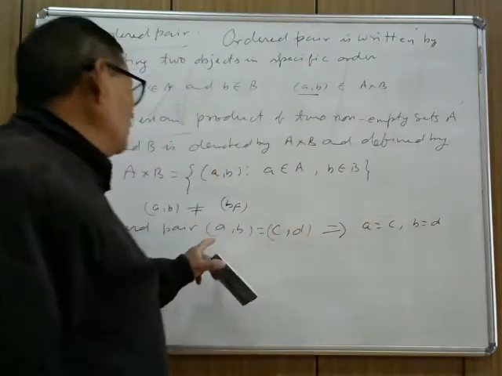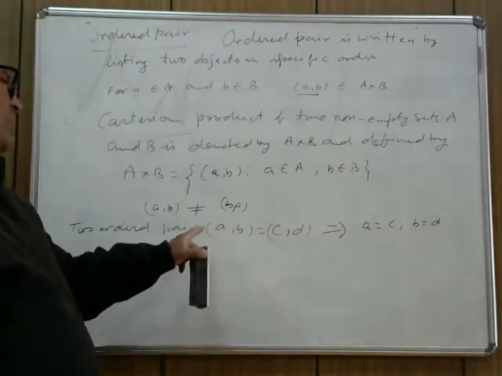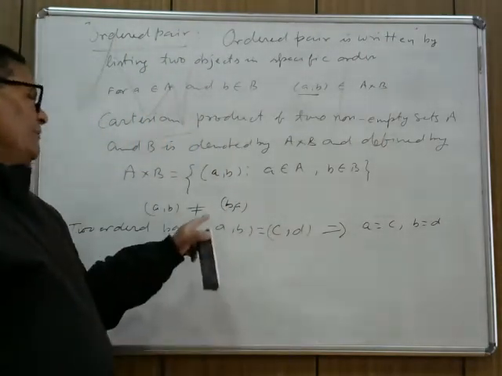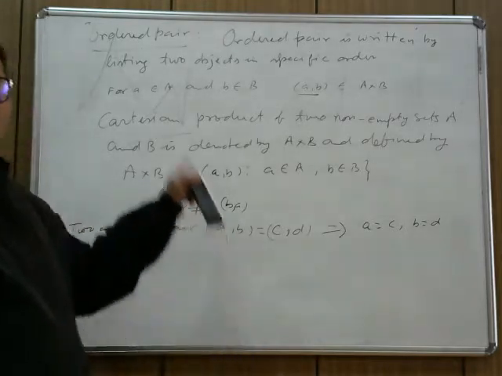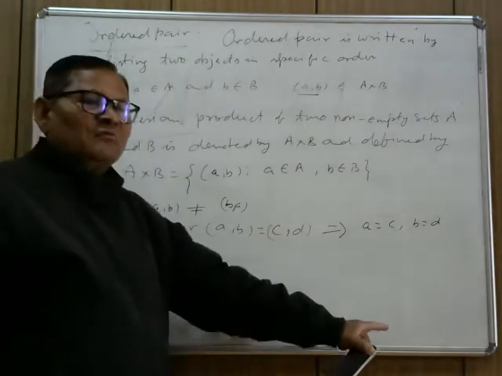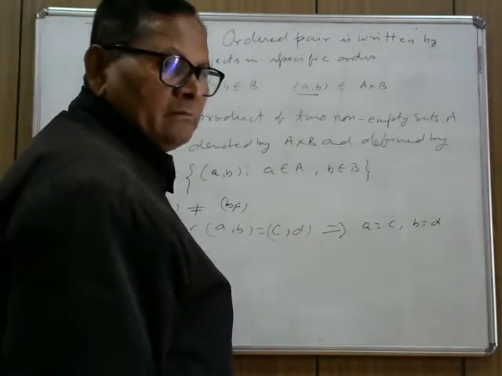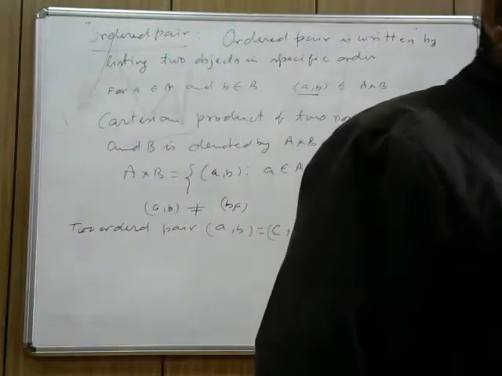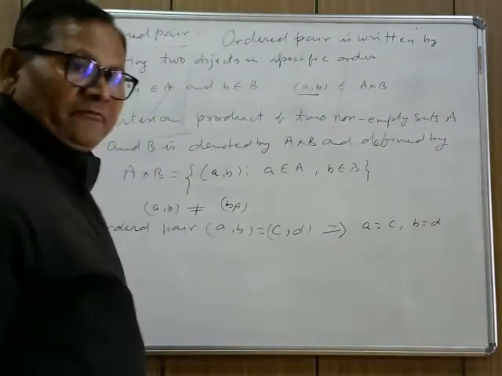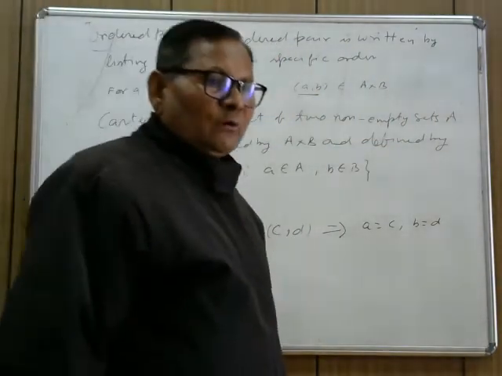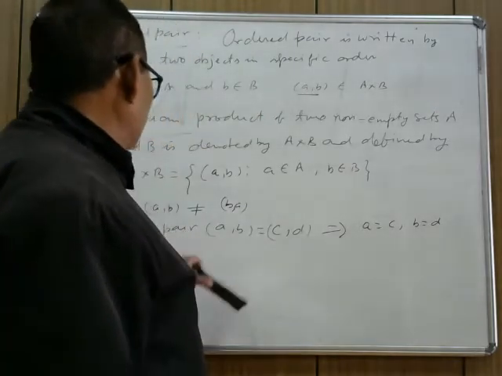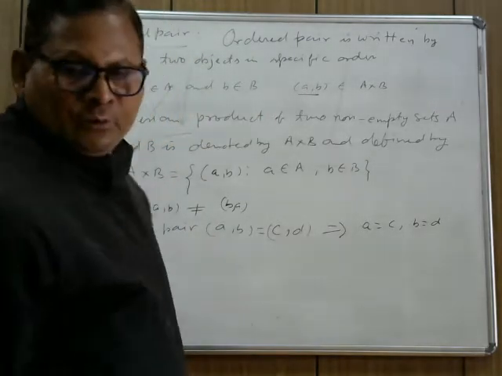When their corresponding elements are equal, that means their first elements are equal and their second elements are equal, then we say that the ordered pairs are equal.